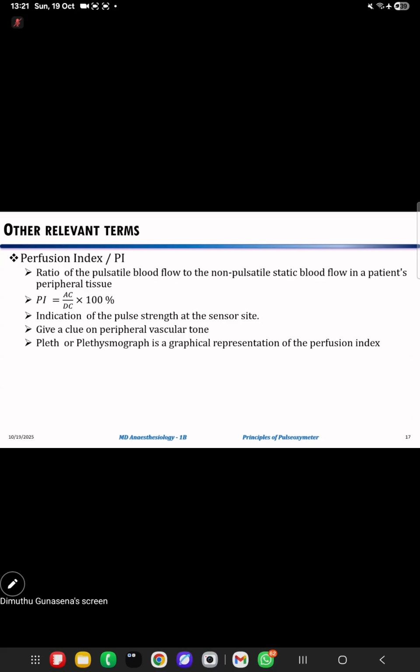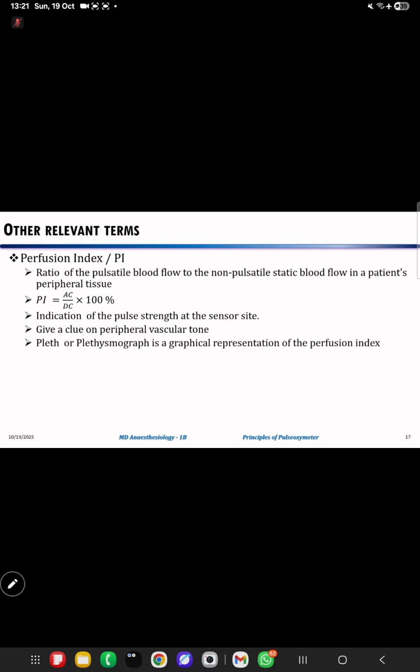Especially this was shown in the small pulse oximeters available during the last few years. It is the ratio of the pulsatile blood flow to the non-pulsatile static blood flow in patients' peripheral tissues. So it can be considered that PI equals AC over DC into 100%.